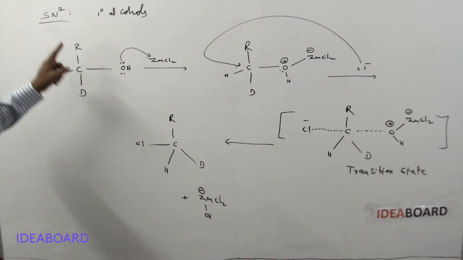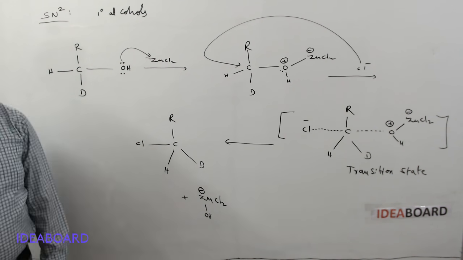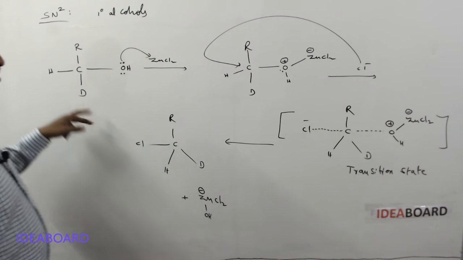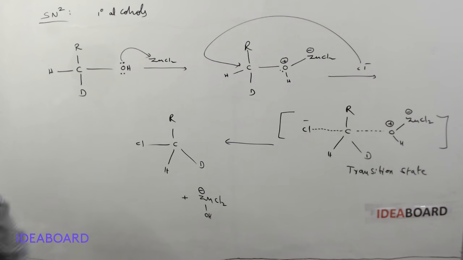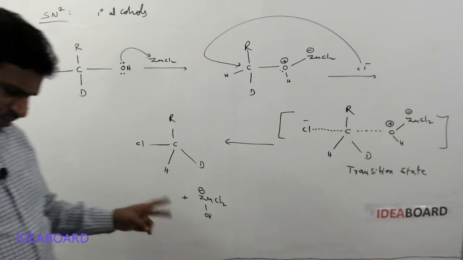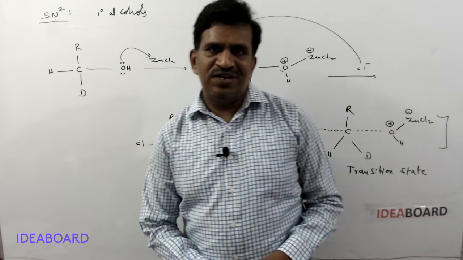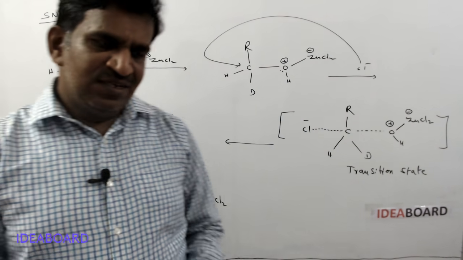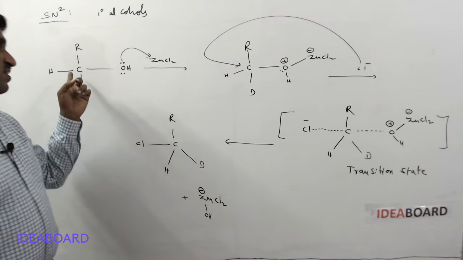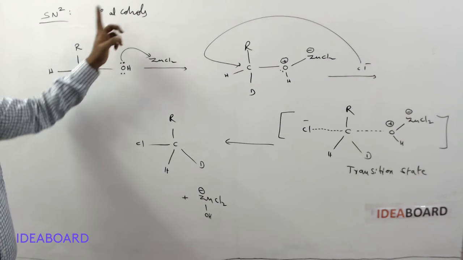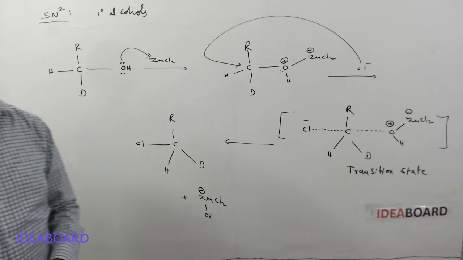Mainly the inversion product is formed in the SN2 mechanism. Okay, these are the SN1 and SN2 mechanisms to prepare alkyl halide or alkyl chloride from alcohol. SN1 reaction occurs when we are taking a tertiary alcohol. SN2 reaction occurs when primary alcohols are taken.